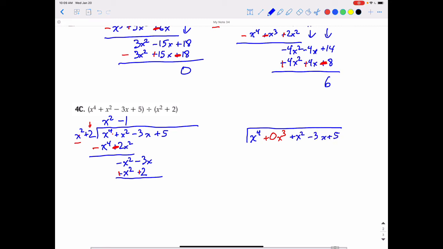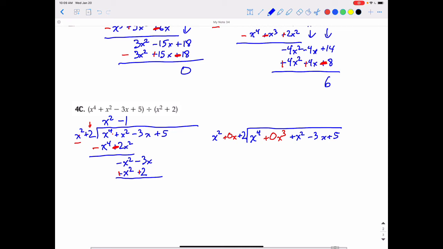And then I'm going to divide that by x squared plus 2. But again, since there's not a single x on that one, I'm going to write in a placeholder for 0x and then the plus 2. So it's got to go in descending order of exponents, and for long division, you shouldn't skip any of the exponents. If there is an exponent skipped in the original problem, place a 0 there.